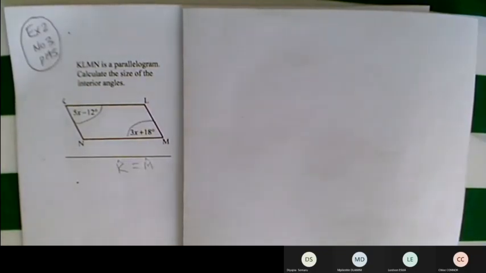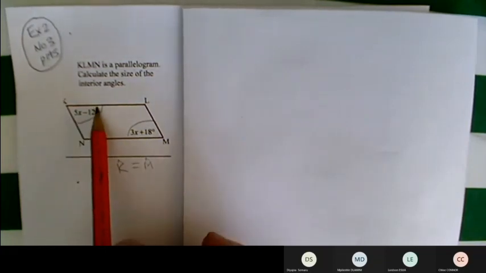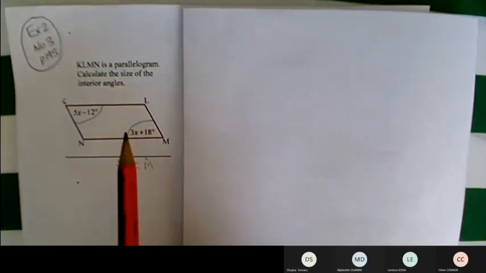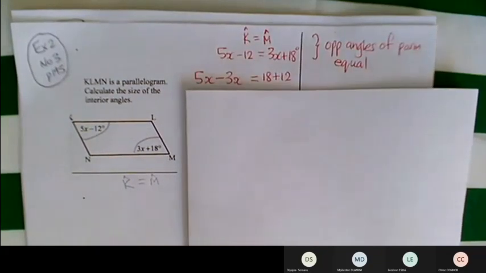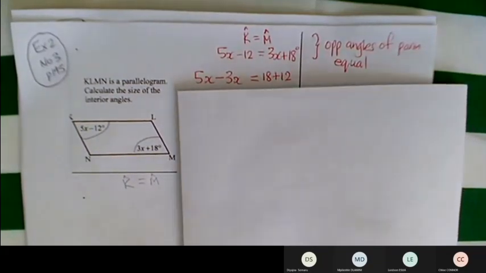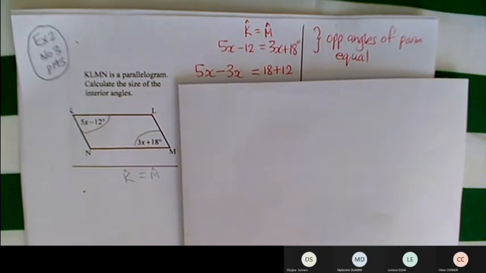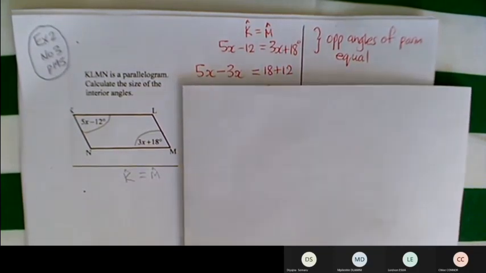First statement: angle K is equal to angle M. Our reason will be opposite angles of a parallelogram are equal. Then all we'll do is substitute. So that's our very first step. You can just copy down the red writing there.